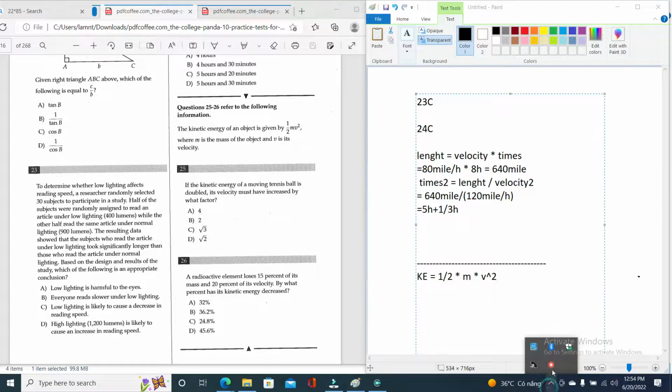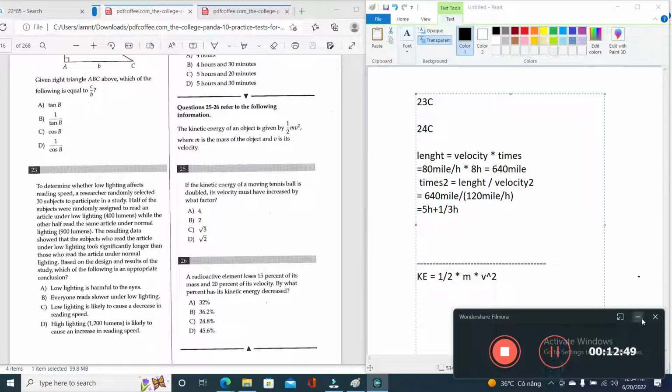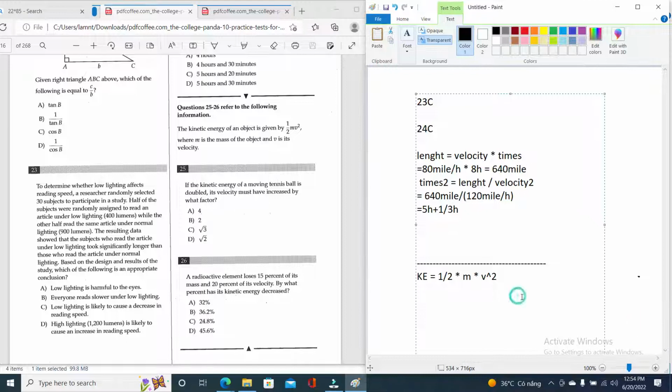Okay, so for 25 we have KE1. We keep m constant, because the mass doesn't change, and we have KE2. The equation with velocity 2 is also 1/2 m, but with velocity 2 squared.